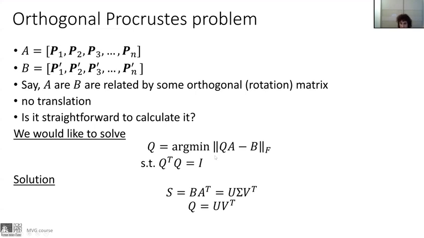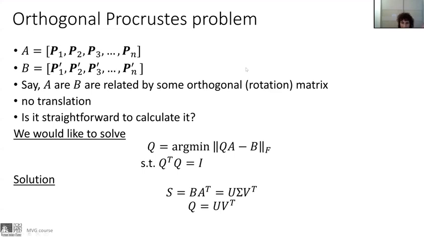And I said that this has a closed form solution, even though it's not a convex problem. The closed form solution is made by taking the SVD of BA transpose, omitting the middle matrix, and getting this solution. I'm not showing why this is the solution, I'm just saying that it is. Is it clear now? Yes. Good. So let's move on.